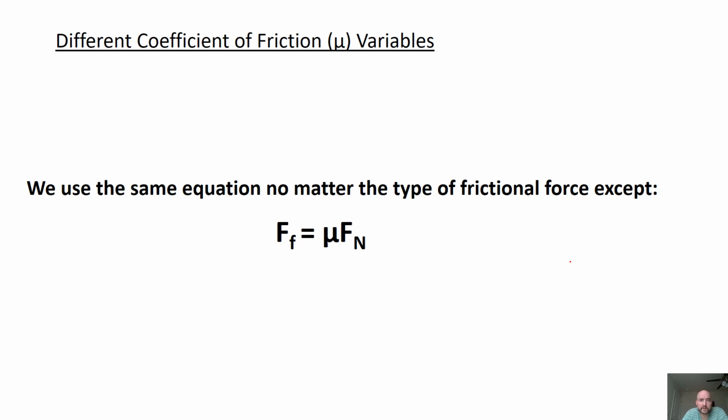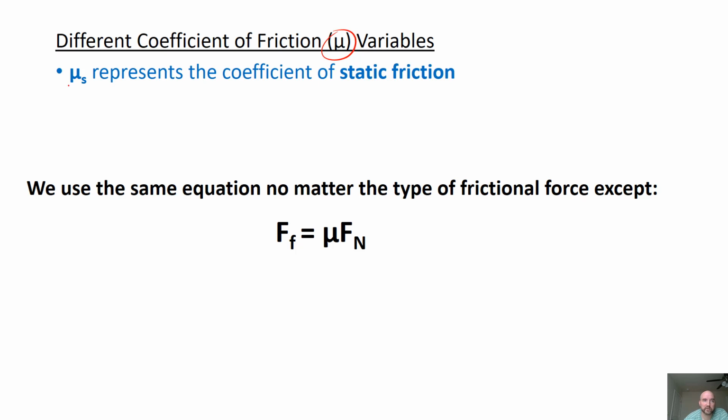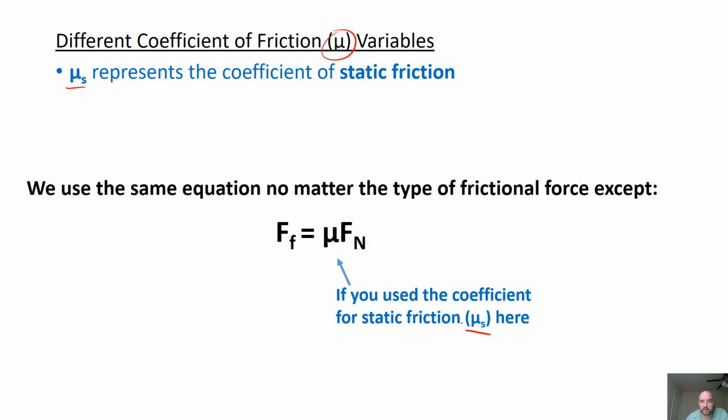So for the different coefficients of friction, we have different values depending on if it's static friction, rolling friction, or kinetic friction. We're going to use the same equation no matter what. If we're looking at a table and determining the coefficient of static friction, or we know the object's not moving, that's going to be this mu symbol, the coefficient of friction symbol.